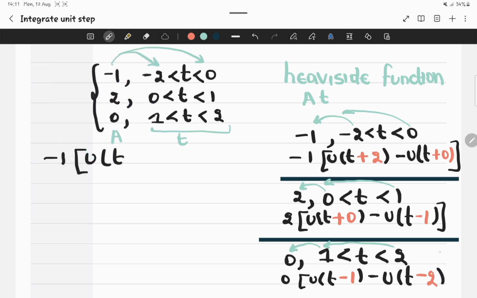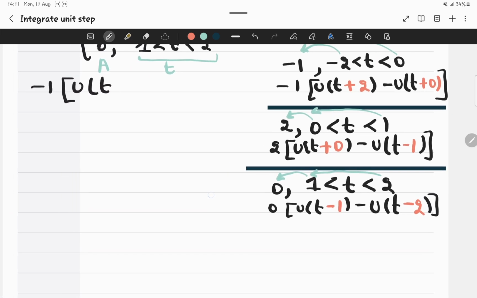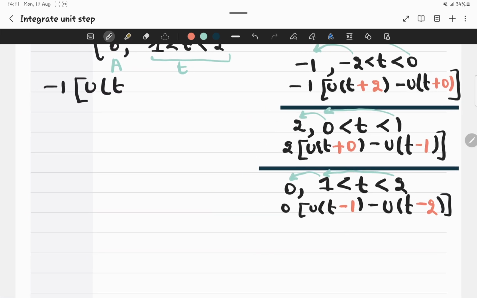Then I'll close it like this. So this is what you have as the equation. But I also want to remind you to check the value of the amplitude. The amplitude is 0, which means this whole equation will be equal to 0.